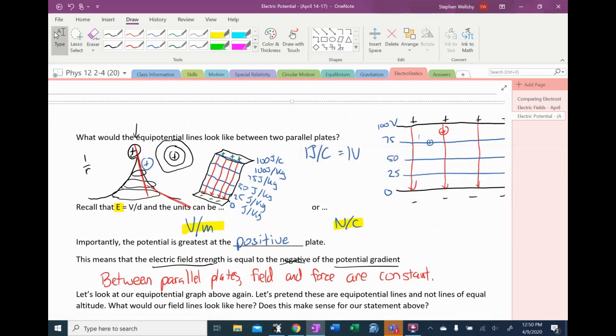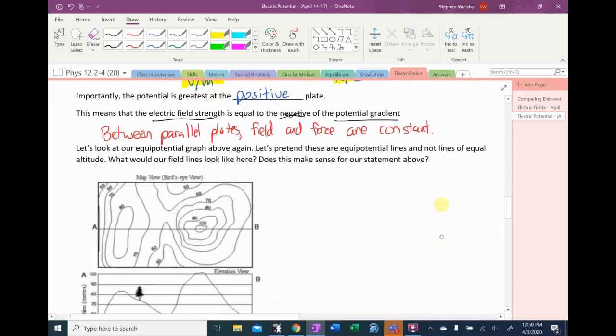We can see that in this diagram on the right, and also on this diagram here. This was my lines of equal potential. I know my field lines would look like this, and again, you'll notice these are always perpendicular. That's just the way it's always going to be. Your field lines and your equipotential lines are perpendicular.